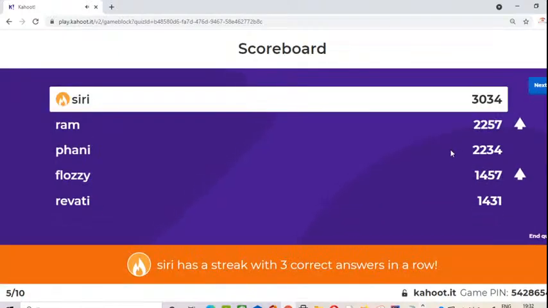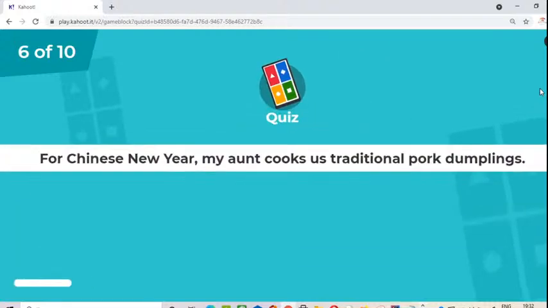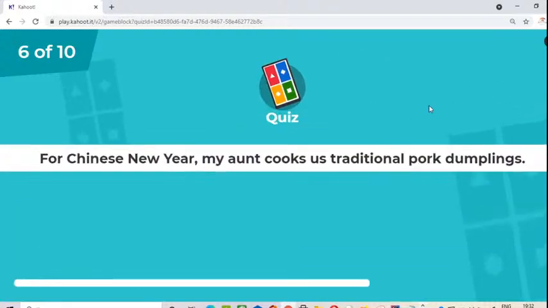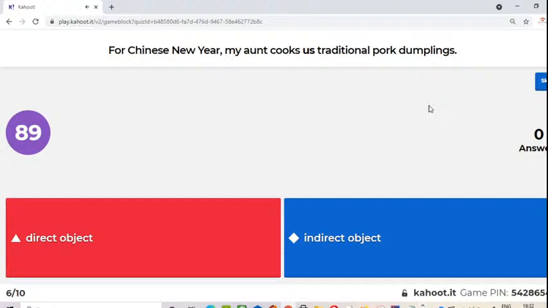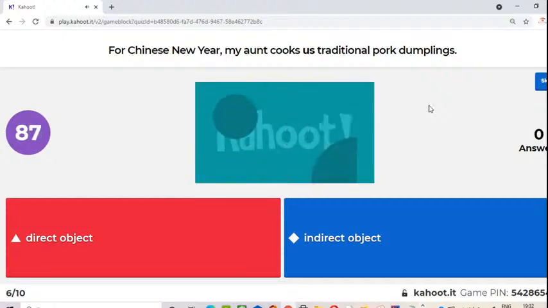Okay, there's a change in the scoreboard again, but Siri is still on the top with three correct answers in a row. Okay, that's very good, Siri. So now let's move on to the next question. And the next question is, for Chinese New Year, my aunt cooks us traditional pork dumplings. Okay, come on, guys.